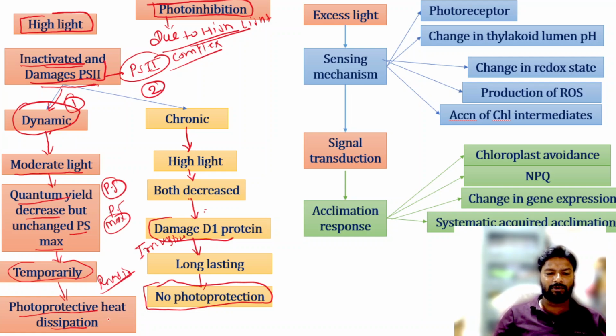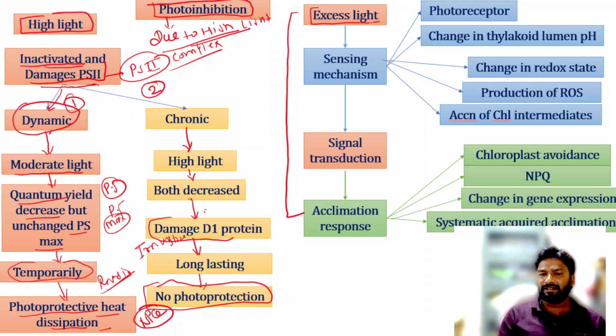We will also discuss some photoprotective heat dissipation, like NPQ, known as non-photochemical quenching. These are the mechanisms responsible for heat dissipation. And friends, this is light signaling for excess or high light.